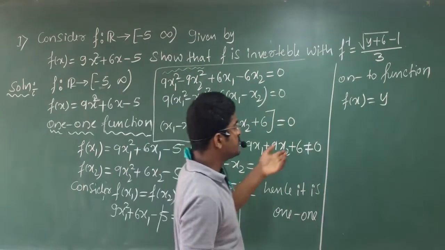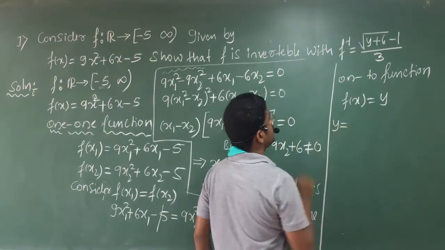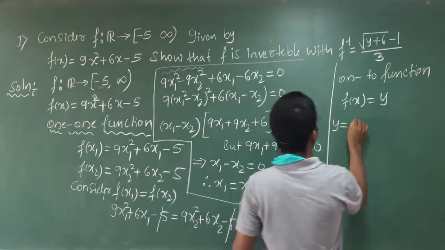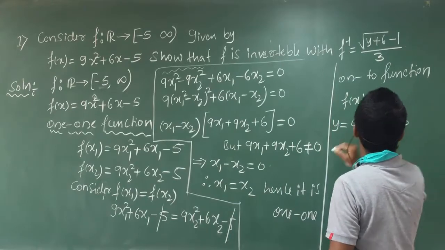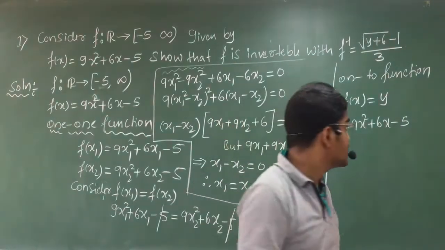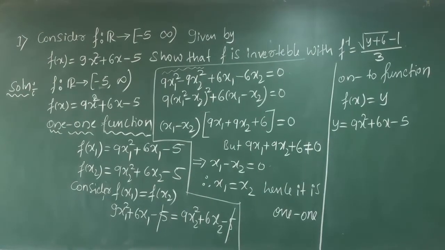So first you take this notation and you write y equal to 9x square plus 6x minus 5.